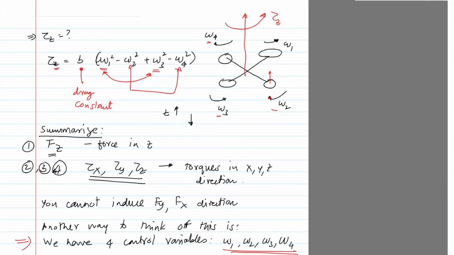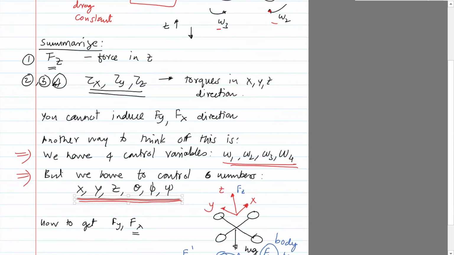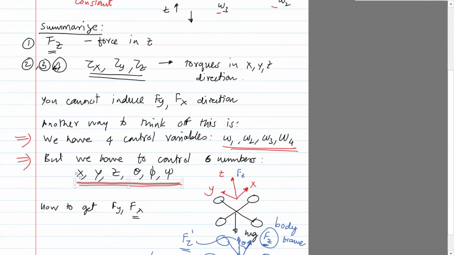I stopped with the comment that although you have things you need to control, six things, which are the three positions and three angles, you only have four control inputs because there are four motors, and you can only control Fz, tau x, tau y, tau z.